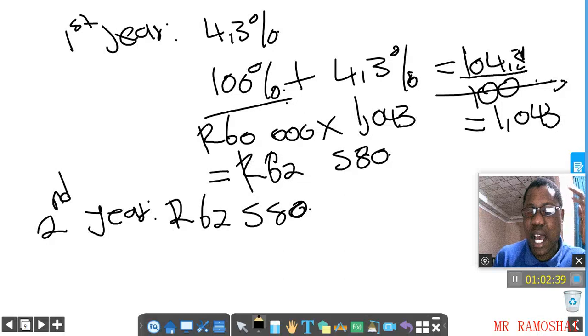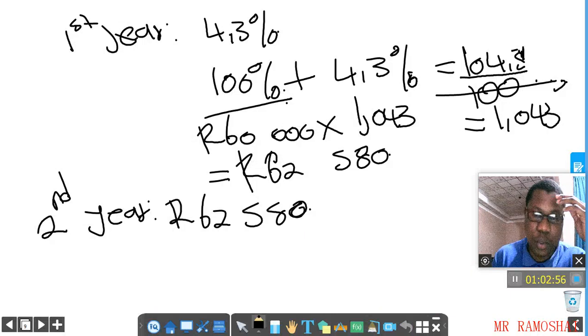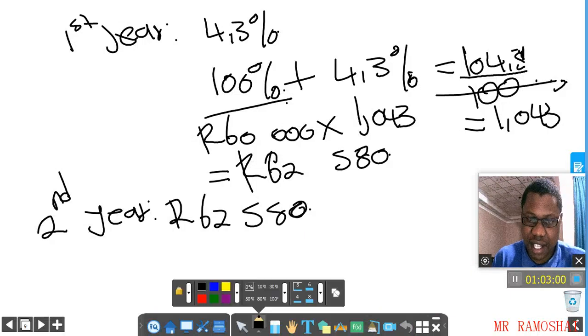62,508. But now the interest, if you look at the information here, they are saying in the second year the interest rate was 5.1%, so the interest has gone up, correct? Okay, right. We're going to do the same thing. We're now going to change the interest, right?